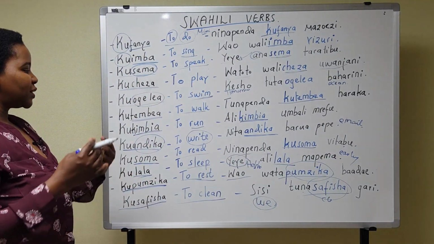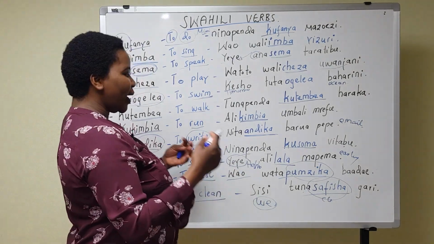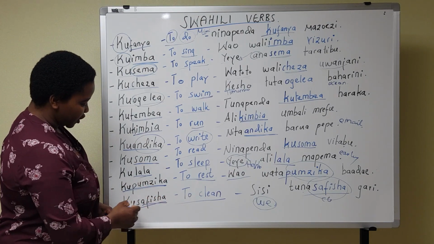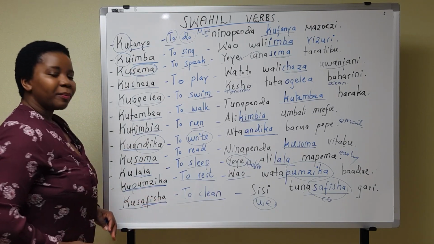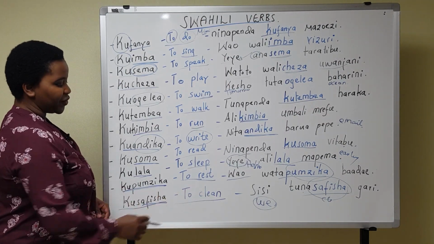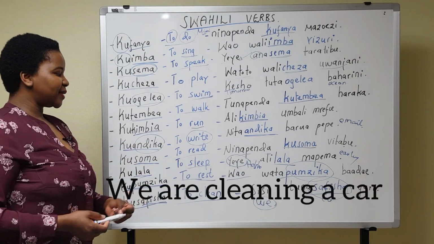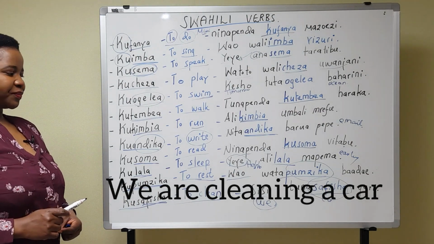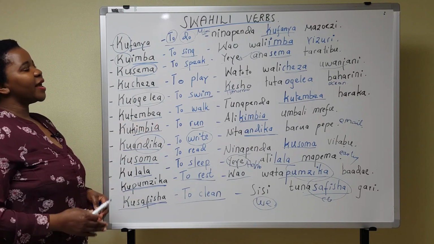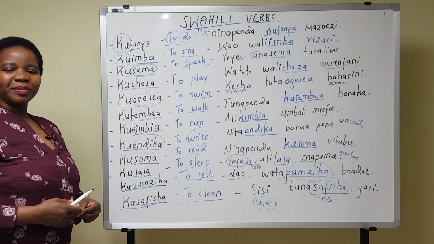So sisi tunasafisha gari, we clean a car. Safisha is clean. Kusafisha means to clean. So these are examples that talk about these Swahili verbs, okay? Vizuri sana.